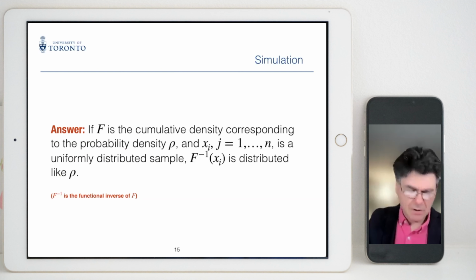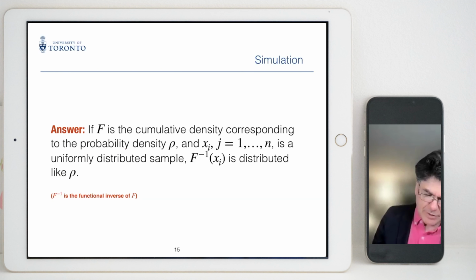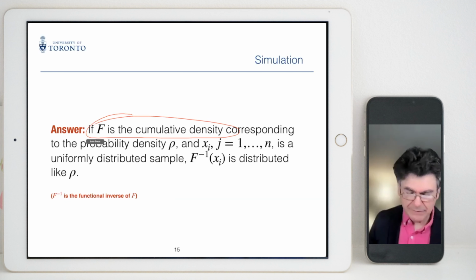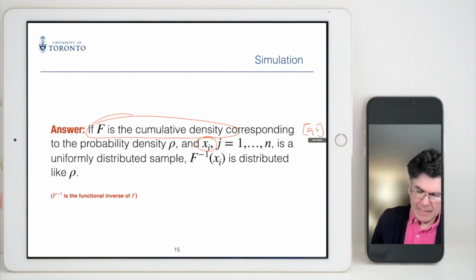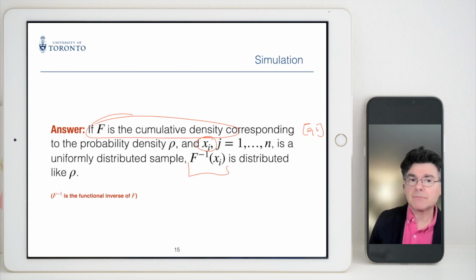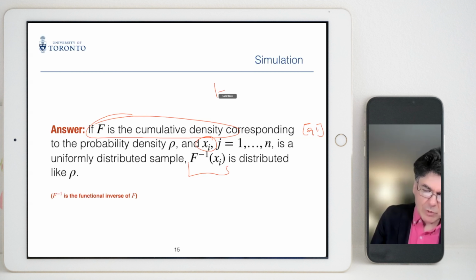I take the cumulative distribution function, and I take points which are uniformly distributed in the interval 0, 1, and I apply F inverse to these uniform generated random numbers. That's how we generate one-dimensional scenarios, 1D.